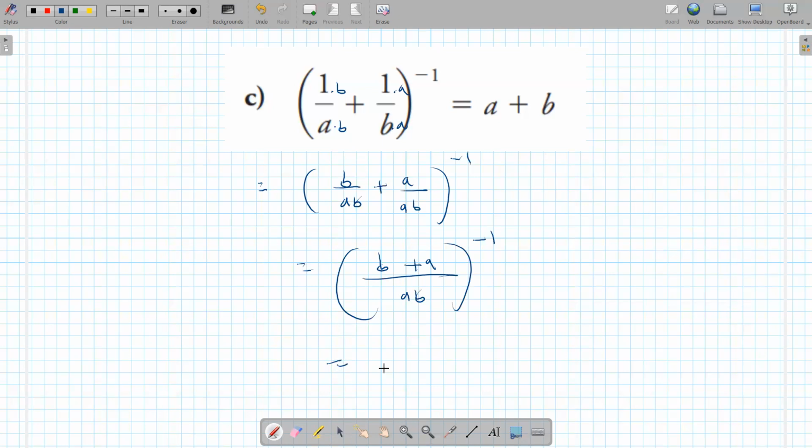What does that equal? AB over B plus A. So is that true or false? Because that's what it simplifies to. Is this the same thing as this? No, it's not. So you see, sometimes things are a little bit trickier.